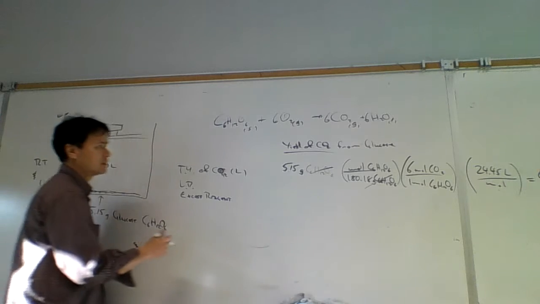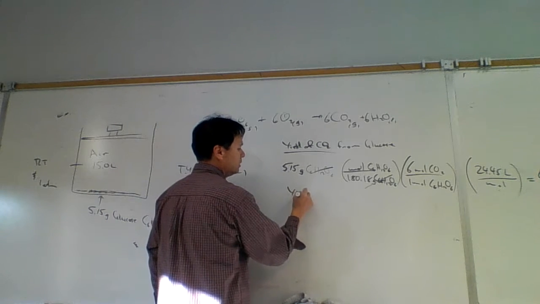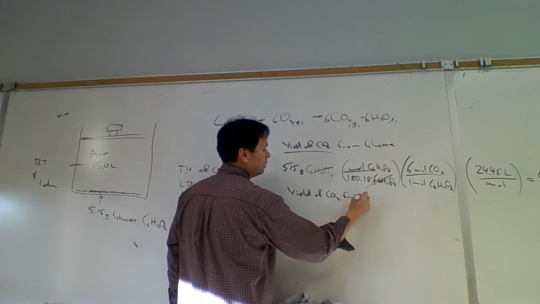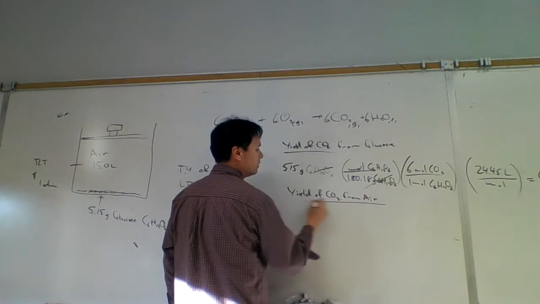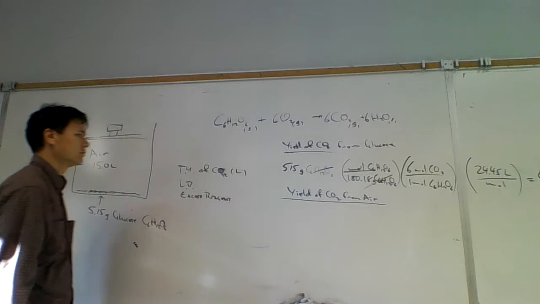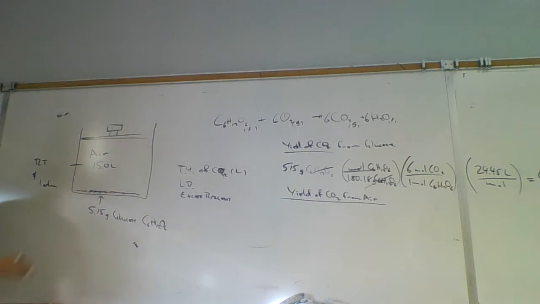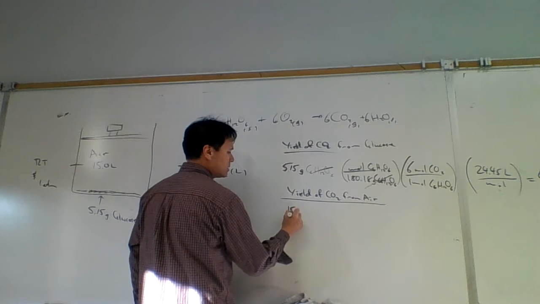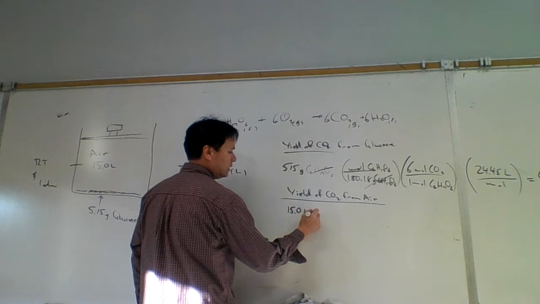And so I'm going to repeat the same calculation. I'm going to do the yield of CO2 from air. This is assuming I have plenty of glucose to react with all the air. Let's react all the air and see how much CO2 is produced. In this case, I'm going to start off with 15.0 liters of air.